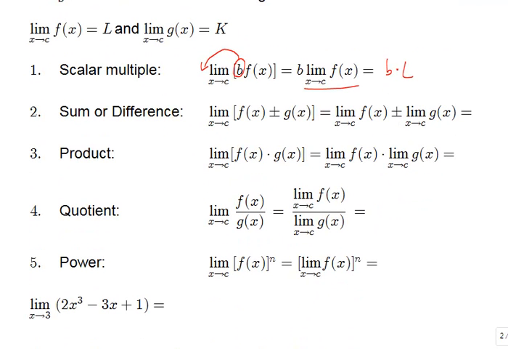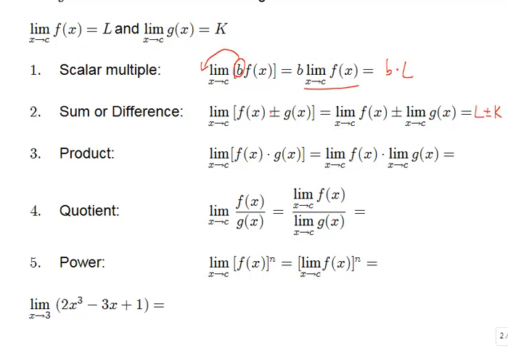The next limit law here is the limit of a sum or a difference. And what this says is that the limit of a sum is the sum of the limits, a limit of a difference is the difference of the limits. In other words, find the limit of f first, which we are calling L, find the limit of g second, which we're calling K, and then either add those or subtract those depending on the problem.